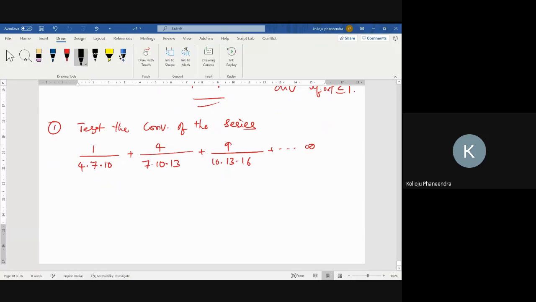This is one infinite series. Always remember, only one series is given here. What is the sigma un here? It is 1 by 4 into 7 into 10 plus 4 by 7 into 10 into 13 and so on, right?